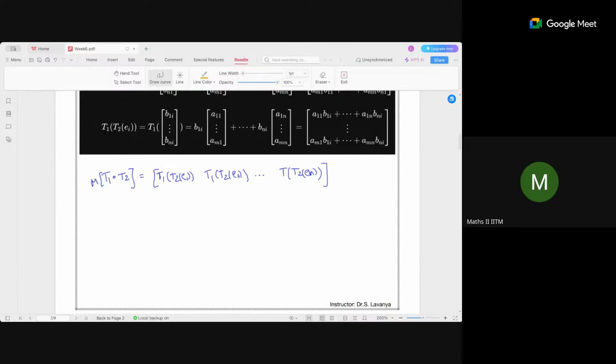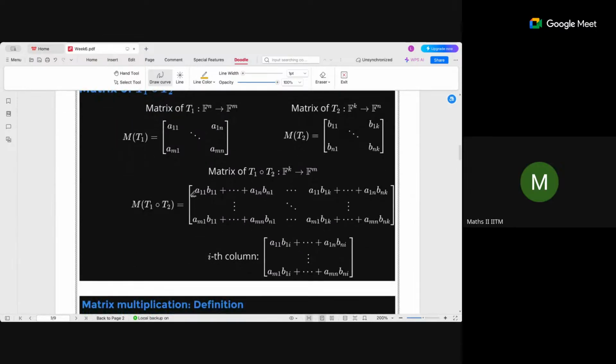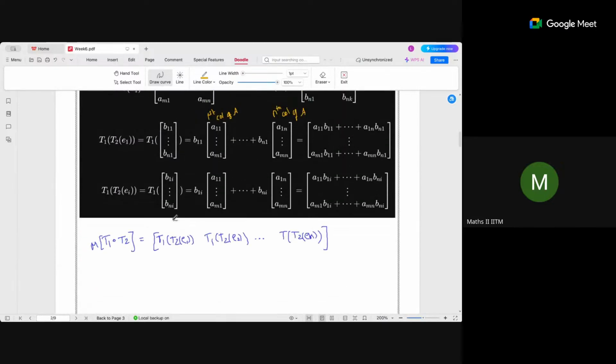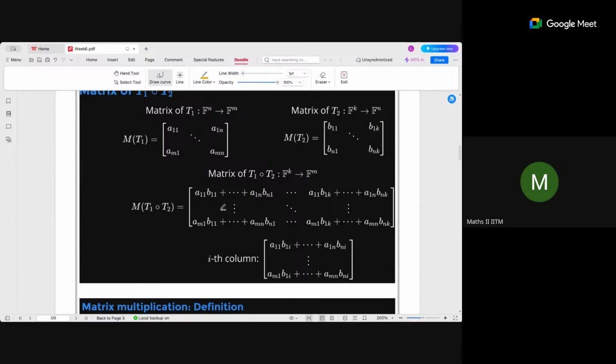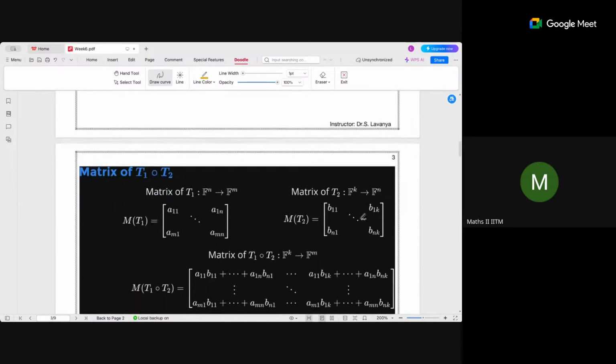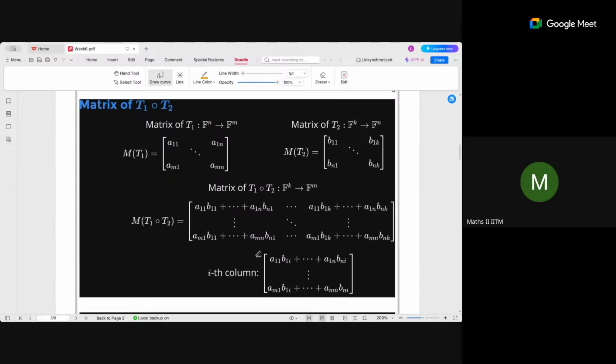All right. So now you see that M of T1 composition T2 has this as the first column, and if you put ek, then you get the kth column, right? So this is the general ith column.